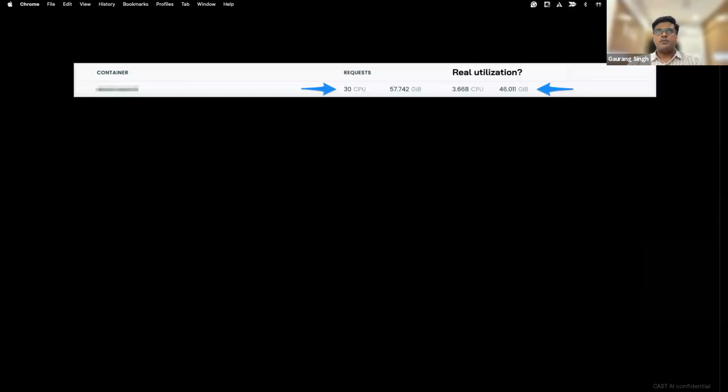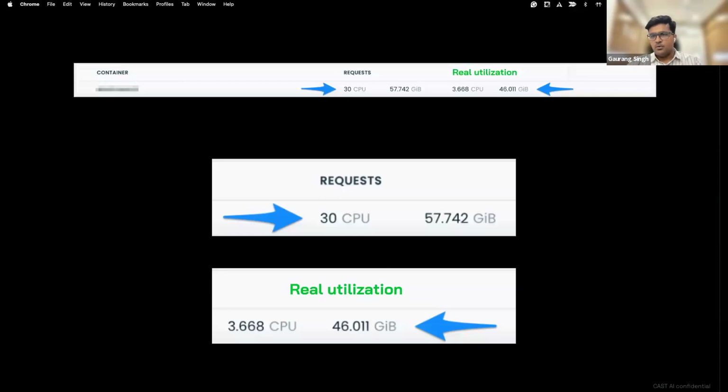This is a real example. We got it from one of the clusters we were handling. They're requesting 30 CPU and 57 gig of RAM, but the real utilization is only 3 CPU and 46 gig of RAM, right? Which means that on the memory side they are optimized, but on the CPU side they are not. And it can be vice versa also, that sometimes you are optimizing the CPU side and not the memory side.